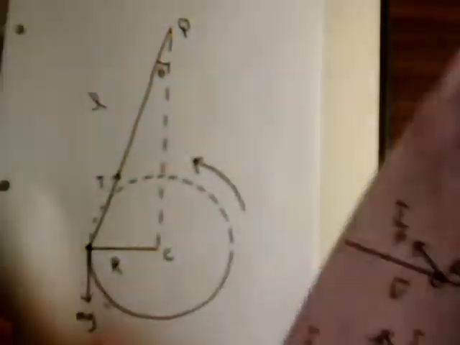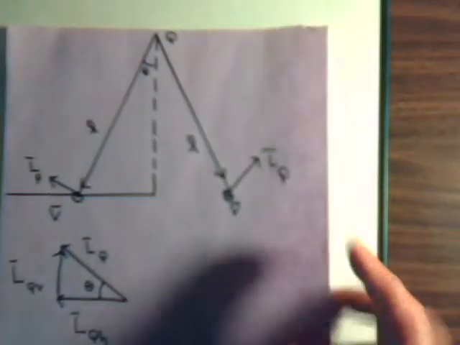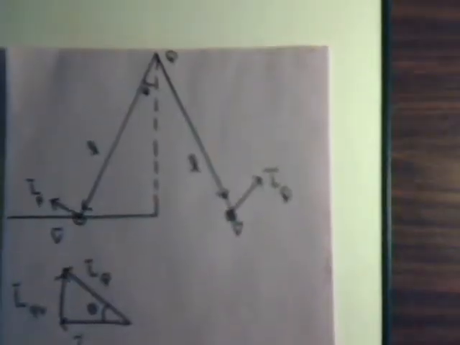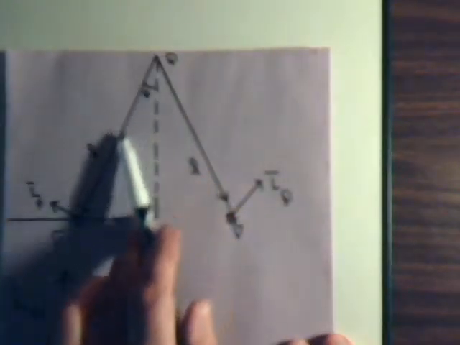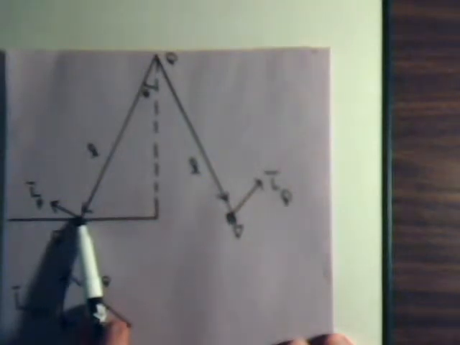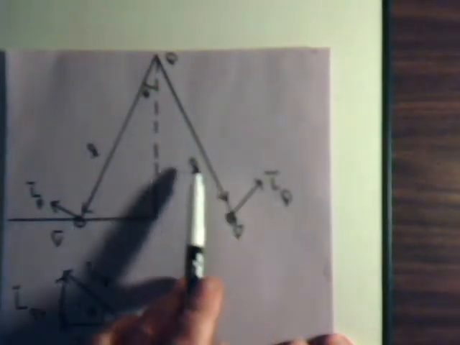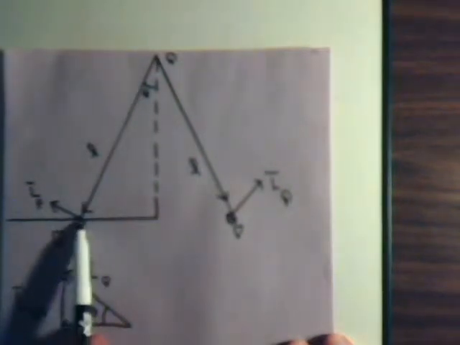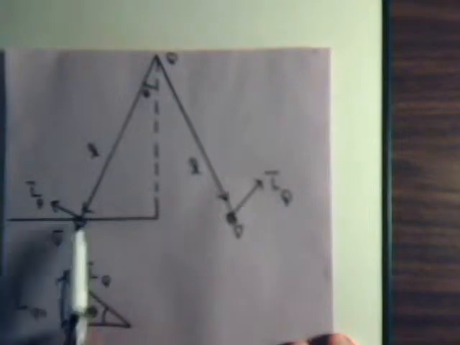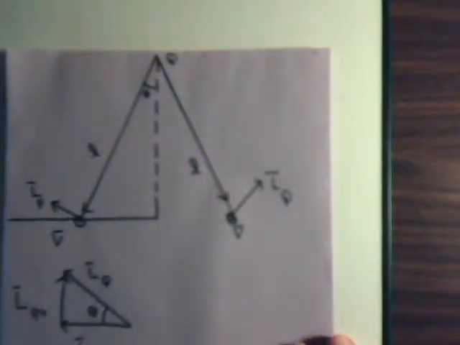It would look something like this. Here's L, the object is here, and then it's going around the circle, coming around like this, so that the tangential velocity vector will be coming right out of the board at us.